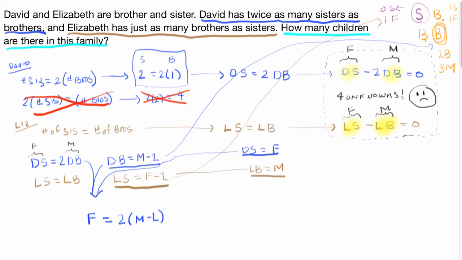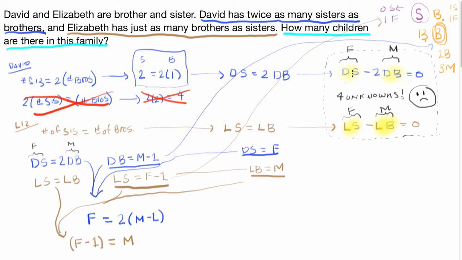And then this one down here becomes F minus 1. Remember that that's that and that and that, all 3 of those, equals M. So now you notice we've got our 2 unknowns.